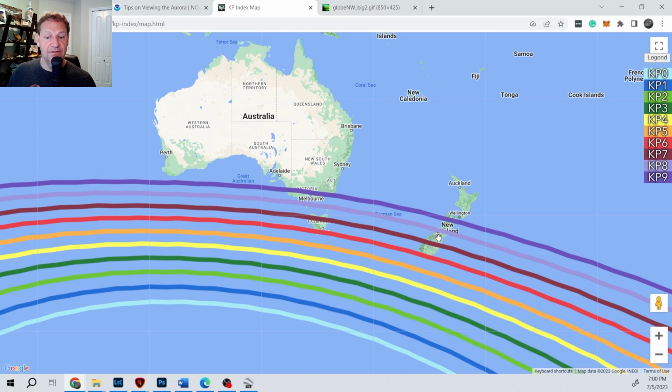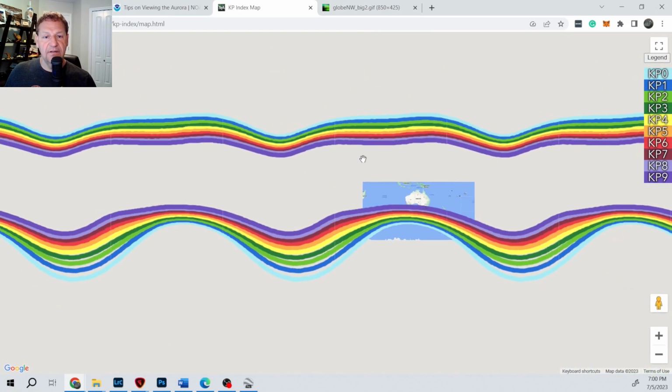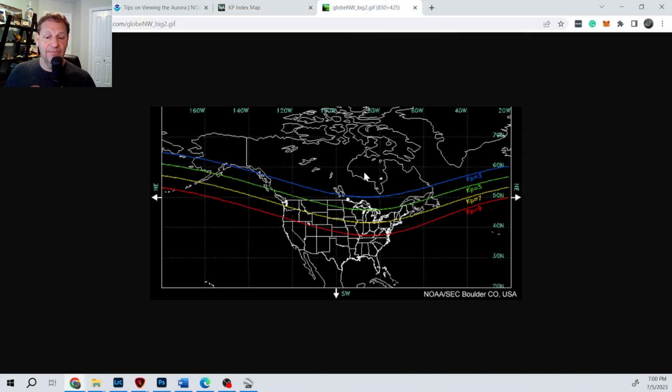But New Zealand and Tasmania, occasionally southern Australia, you see pictures from there, but you've got to be in the KP5 or higher range, and at KP5, the Aurora is just going to be on the horizon. And then this is a NOAA SEC map, similar. You can see the same effect with the dip in that map.